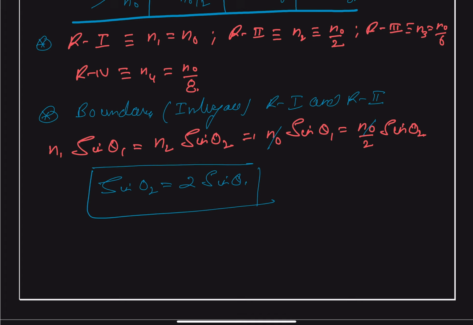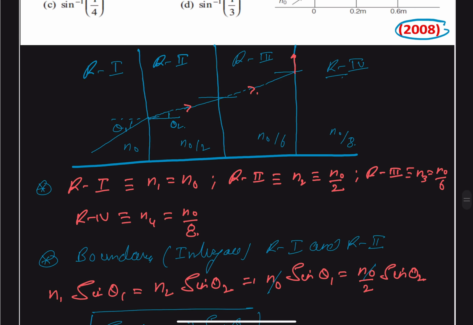Similarly, this is theta 2, so this will also be our theta 2, and let us suppose this is our theta 3. So we consider this theta 2, and this will also be our theta 2, and the angle here is theta 3.